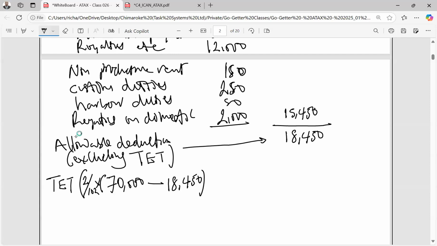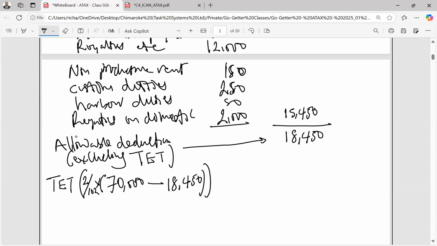That is the only way you can get your TET before getting your accessible profits. Otherwise, you won't get your TET correct. We will do a test for it. So just know the golden rule here: 2 over 102.